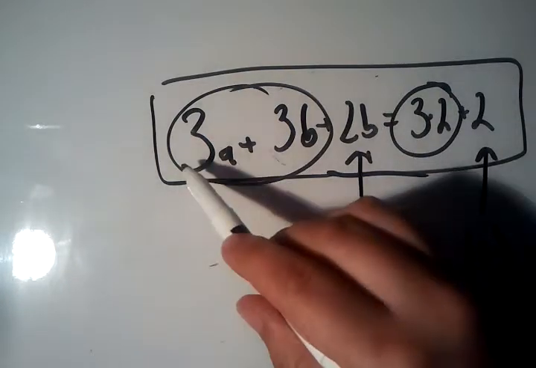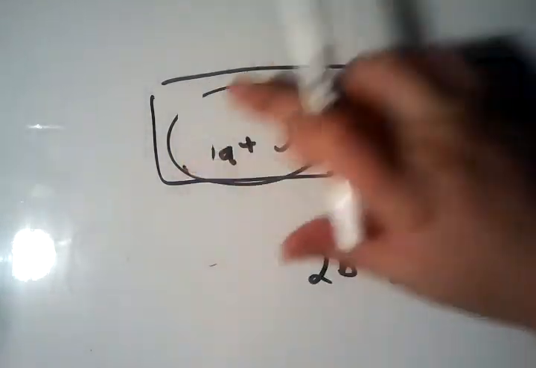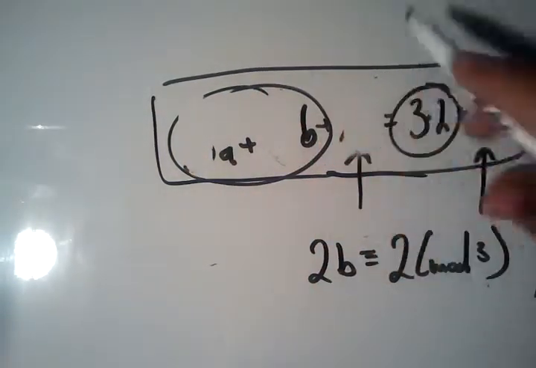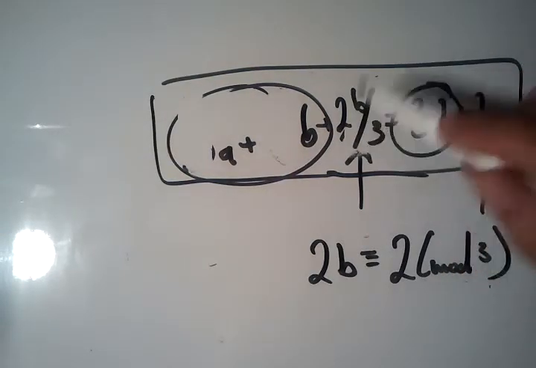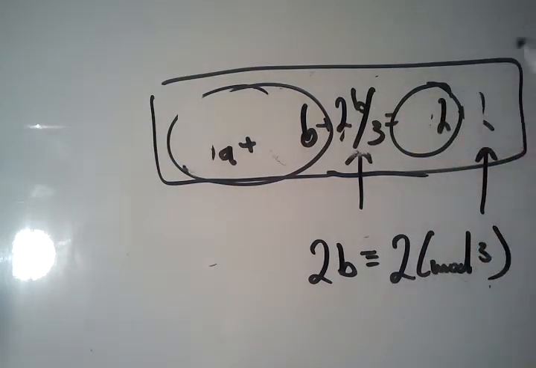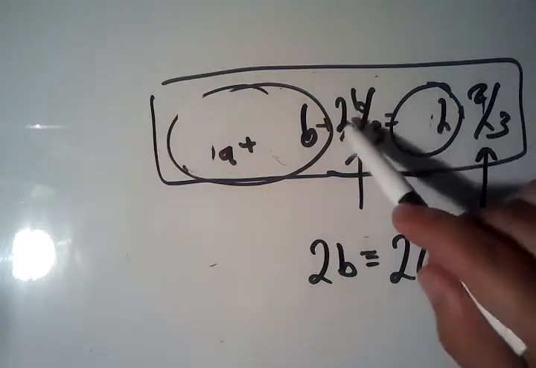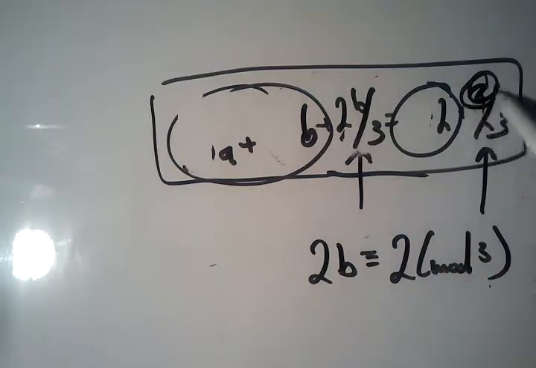To see what that means, if we divide this whole thing by 3, we get a plus b plus 2b over 3, and then here we get 2 plus 2 over 3. So that means the remainder has to be 2 in both cases. Not necessarily 2, but it has to be equal to 2 mod 3.